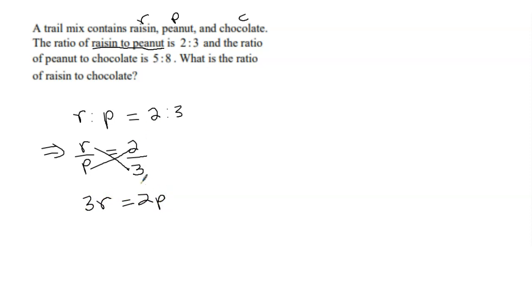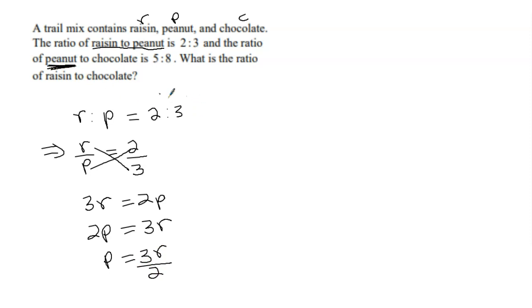We are going to need P, so we can swap it and say 2P is the same as 3R, and therefore P, you divide everywhere by 2, you get 3R over 2, because we are going to need the peanut over here.